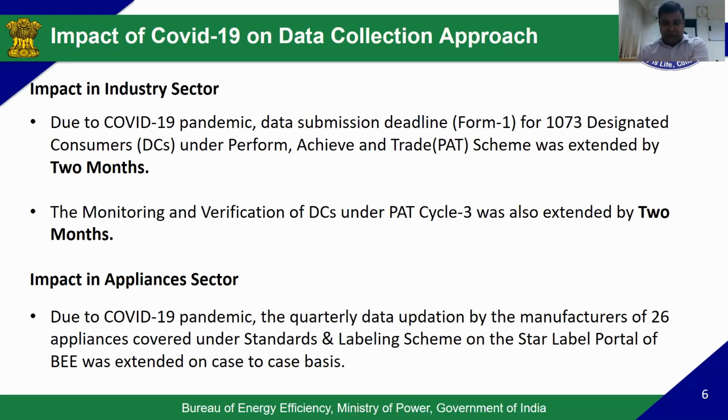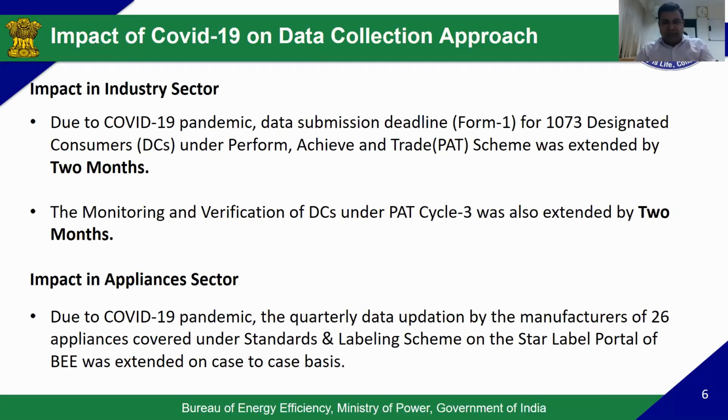That was mainly because they were not coming to the office and they have to upload some of their forms. Similarly, we have a rolling cycle for the Perform, Achieve and Trade scheme for the industries. Again, as I mentioned, we have a very robust mechanism in place insofar as the monitoring and the verification of that scheme is concerned, but that also had to be extended because of this global pandemic.